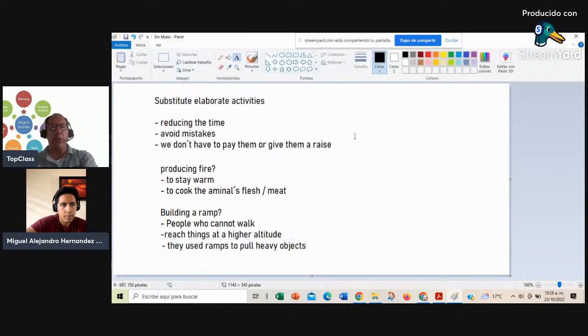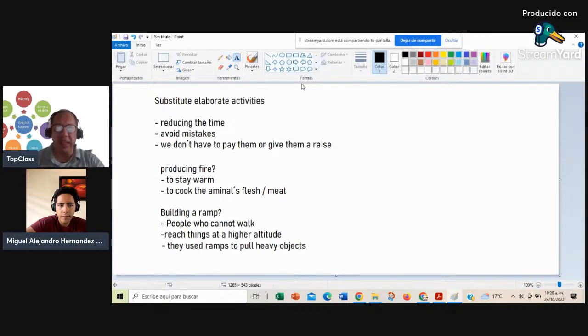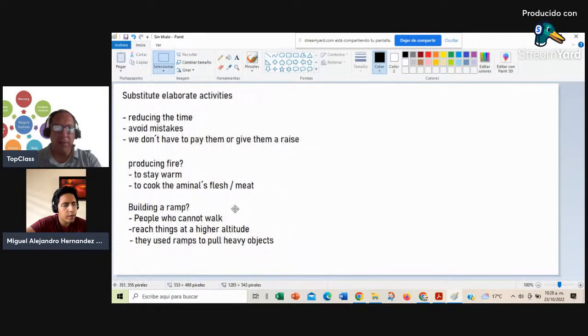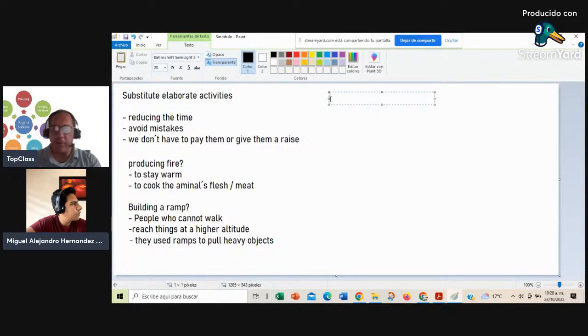What is, in your opinion, Mickey, a more modern application of technology? What is the most recent technological discovery that you have heard of? Probably, well, obviously, internet or cell phones.